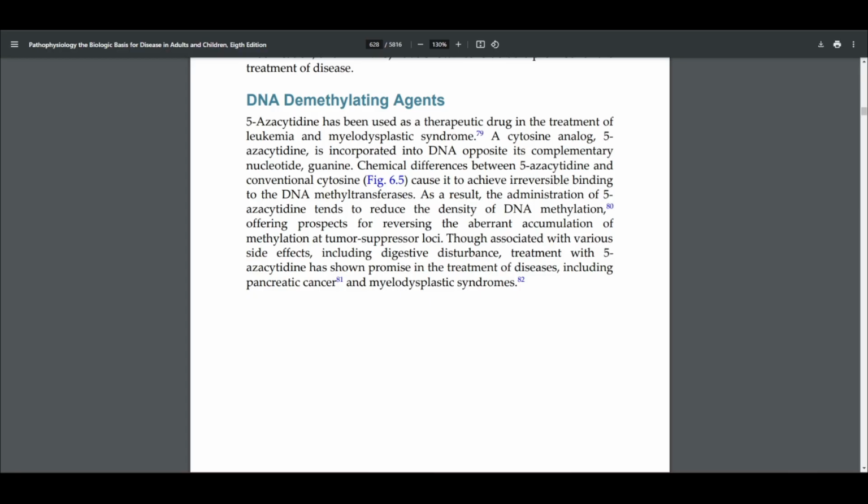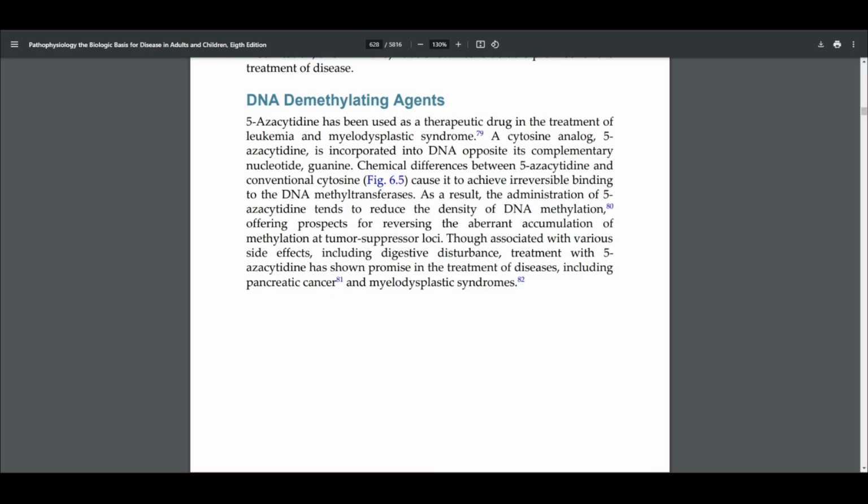Chemical differences between 5-azacitidine and conventional cytosine cause it to achieve irreversible binding to the DNA methyltransferases. As a result, administration of the medication tends to reduce the density of DNA methylation, offering prospects for reversing the aberrant accumulation of methylation at tumor suppressor loci.